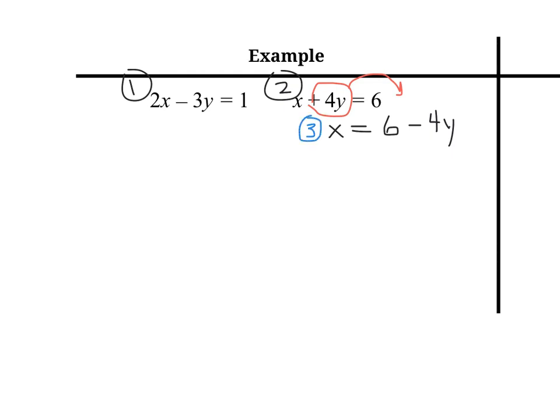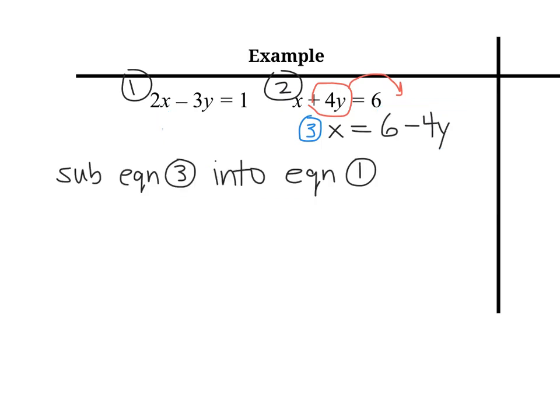So now that I have this equation isolated for x, I know that wherever I see the letter x, I can replace it with 6 minus 4y. So I'm going to take this expression, 6 minus 4y, and I'm going to substitute it in the place of x in equation number 1. Okay, so we're going to sub equation 3 into equation 1.